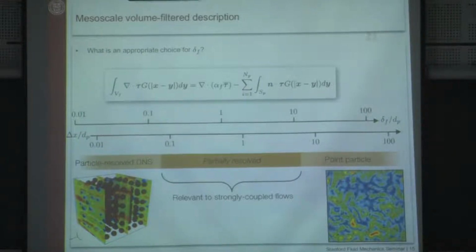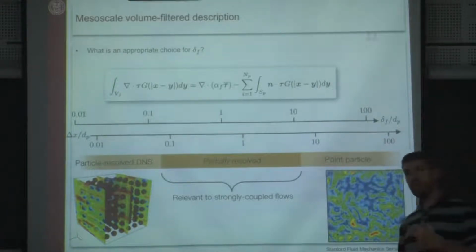If the filter is small enough, in the limit of small filter, you're now resolving again the flow all around the particle. If, however, the filter is much, much larger than the particle, then we're going back to the pretty standard point particle Lagrangian methods that have been used for a good number of years as well. So we're trying to explore what's going on somewhere in the middle here, where our flow resolution is about on par with the scale of the particle.